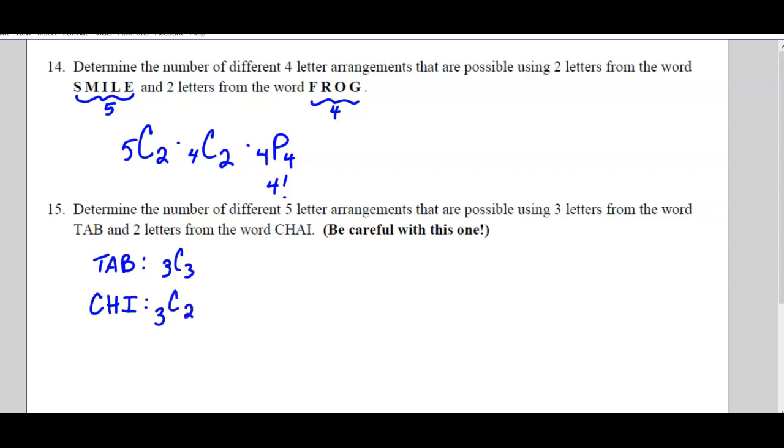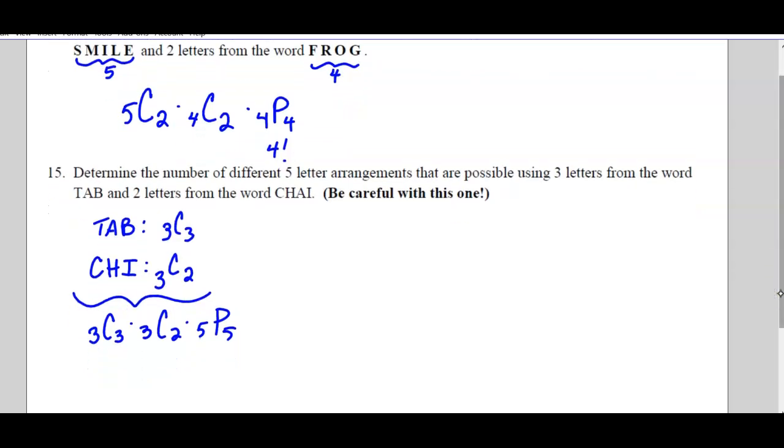And then I have to arrange those. For this particular case, it'll be 3C3, or just 1, times 3C2 times 5P5, or 5 factorial. That's just like the last one we did.